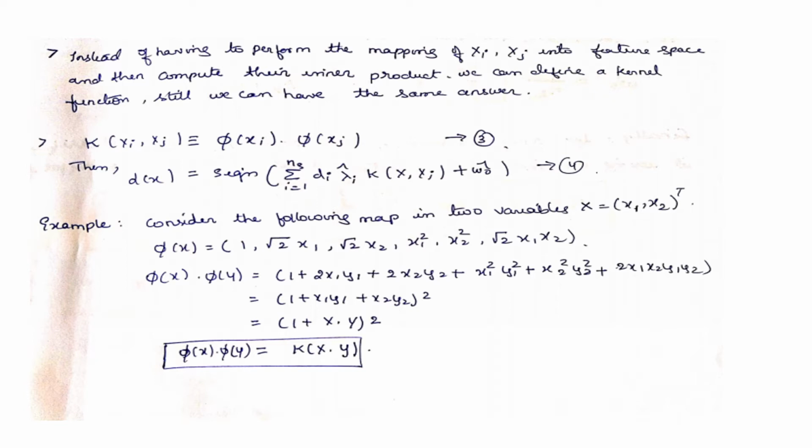This is nothing but the kernel k of x, y. So we can write phi of x dot phi of y equal to k of x, y. We have expressed the inner dot product of the mapper phi of x dot phi of y as k of x, y.